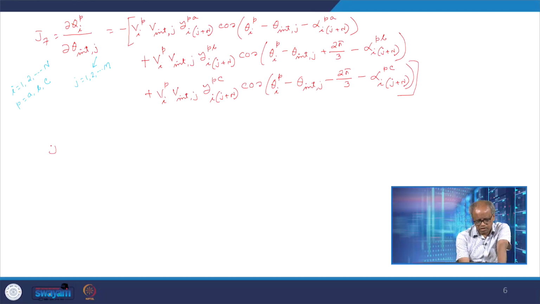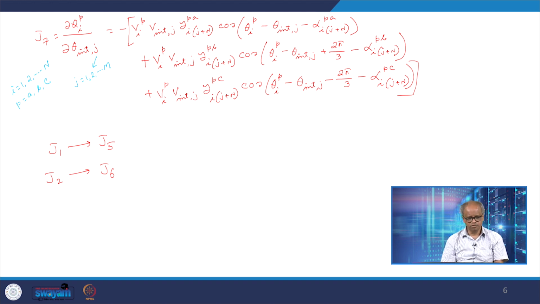Similarly, from the expressions of J1, we can very easily deduce the expressions of J5, and from the expressions of J2, you can easily deduce the expression of J6, right. J7 and J8 we have already discussed. Because the expressions of J5 are very similar to J1, we are not doing it; we are leaving it for you to work out.